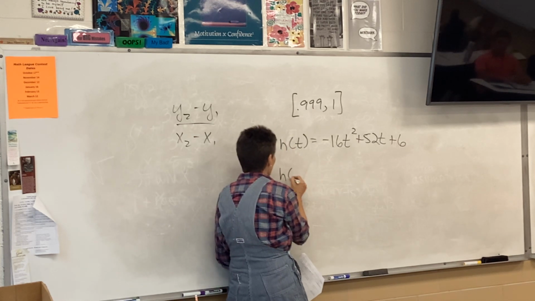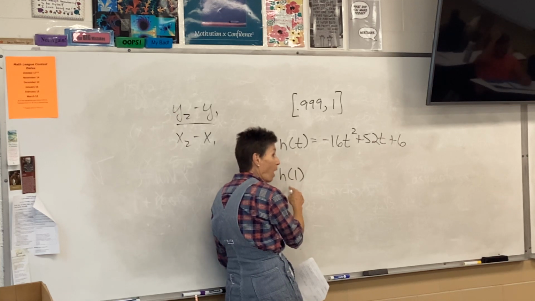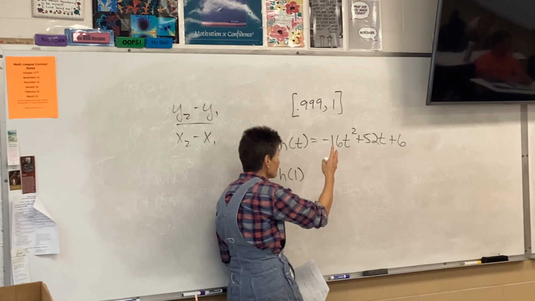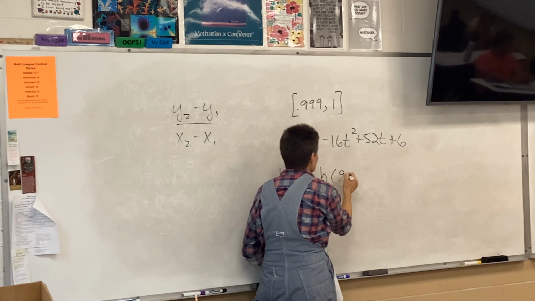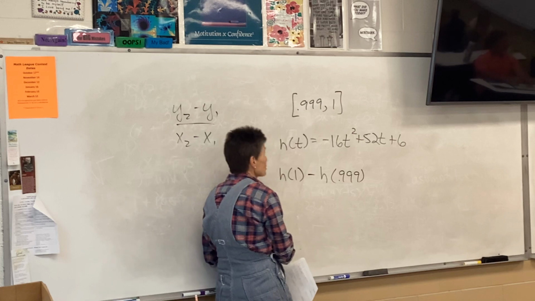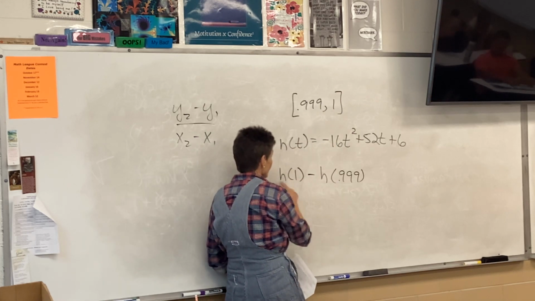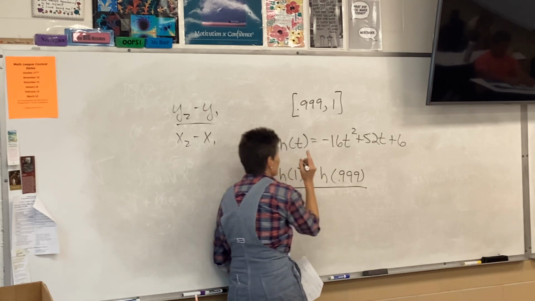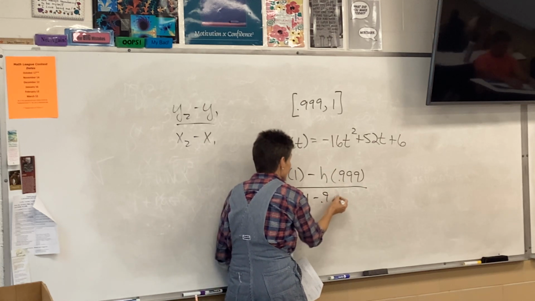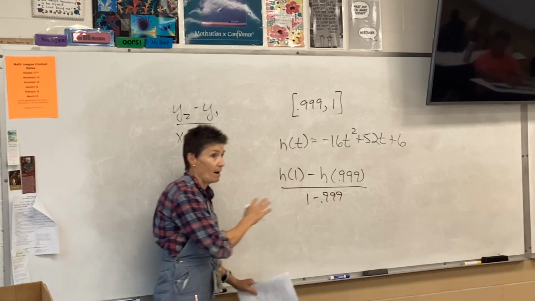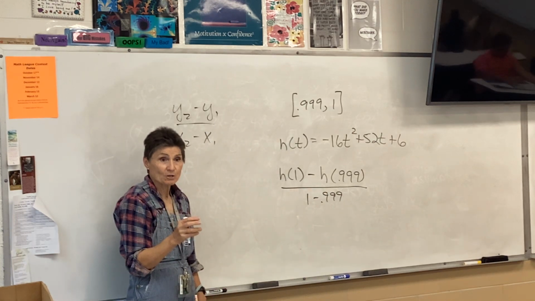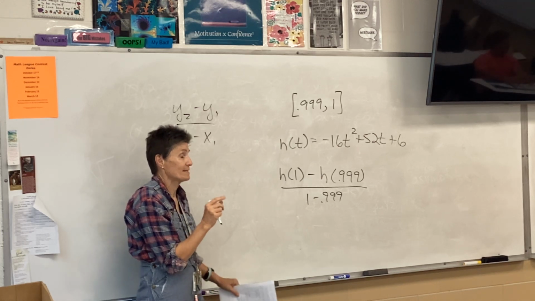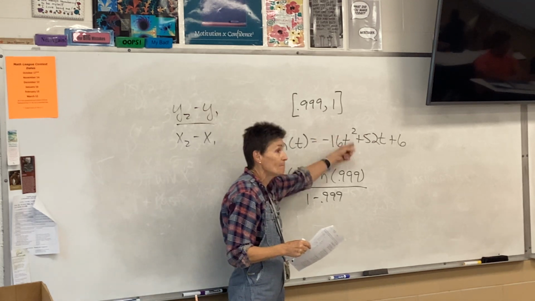So h of 1 is going to be the y value when t is 1, minus h of 0.999. So here's my second y value, my first y value, and then I'm going to subtract my x's. So that's the setup for average rate of change. The function values are the y's. You need to find the y's. How do you find the y's? You plug in the x's.